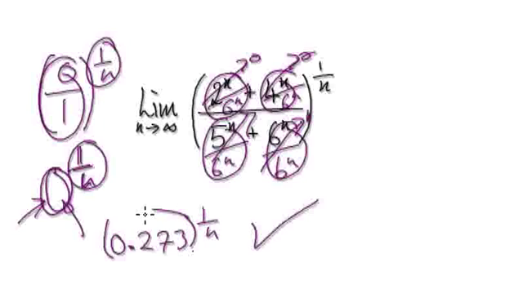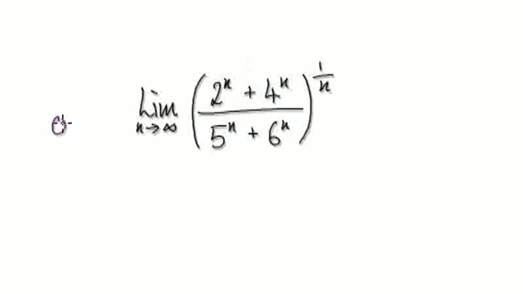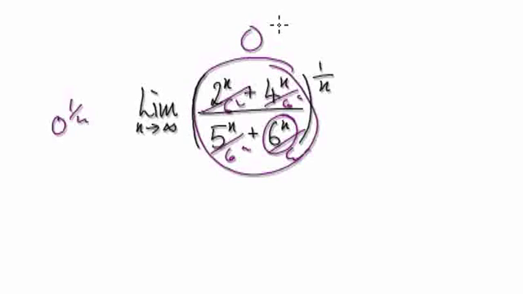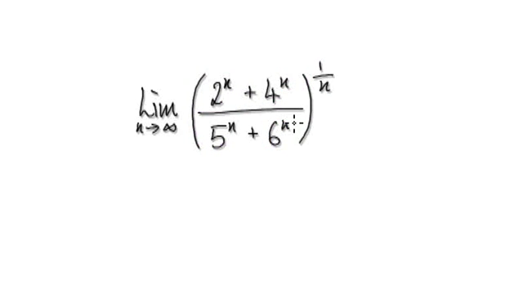Here x is bigger than 0, so it's okay. But when you try to do 0 to the power of 1 over n, if you divide everything by the highest, 6 to the power of n, this whole thing will be 0. 0 to the power of 1 over n is meaningless. So you can't simply divide everything by 6 to the power of n.